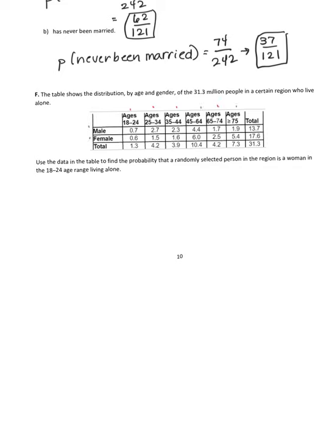We also know that this is in millions, because it says 31.3 million people, and that's the total right there. So the rest of this is also in millions. Use the data in the table to find the probability that a randomly selected person in the region is a woman in the 18 to 24 age range living alone.